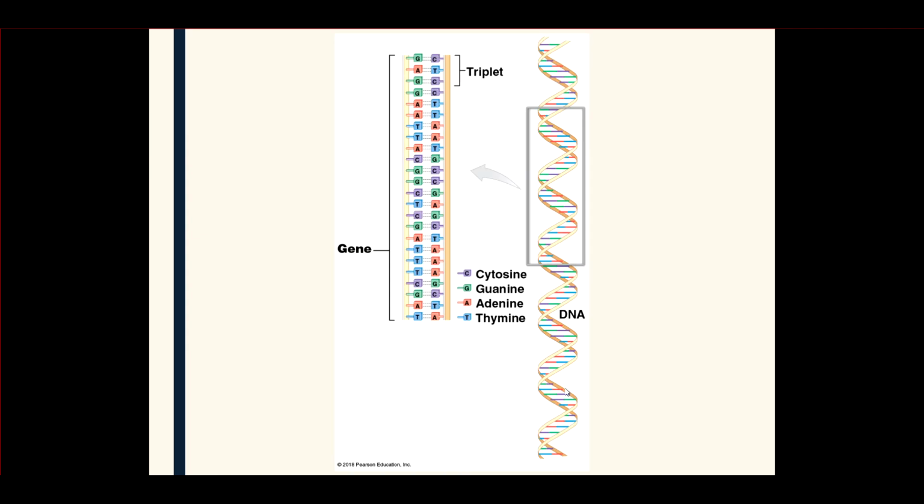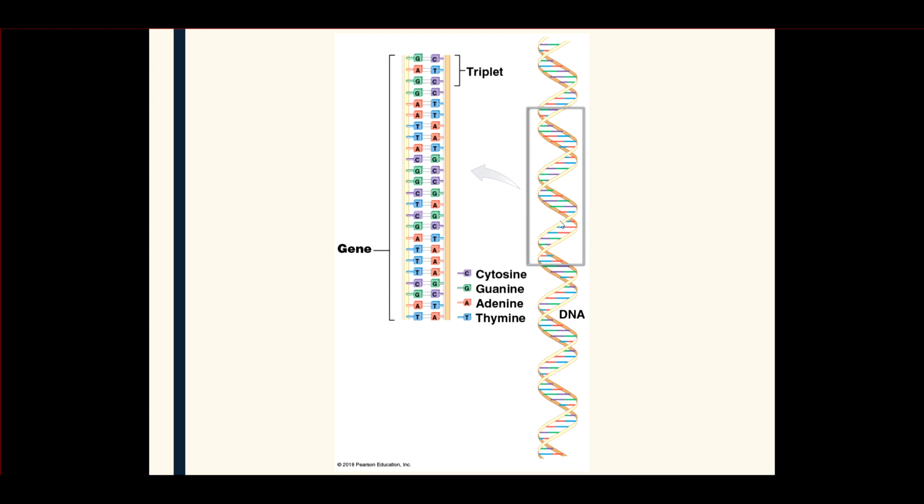Watch this. Hopefully here on the right, you would recognize this as a DNA. This box right here is one section of the DNA. If this section of DNA in here is the blueprint for one protein, this would be the gene. So let's just say this is the gene for insulin.